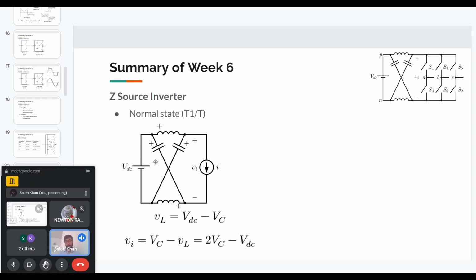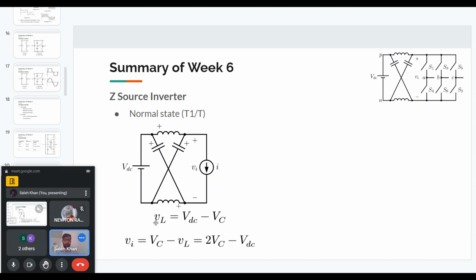And if you see in the normal state, if we want to see the voltage across the inductors of the impedance network, and assuming that the two inductors have the same value, they will also have the same voltage because the impedance network is symmetric. Similarly, the capacitors too, if they have the same value, they will have the same voltage as well.